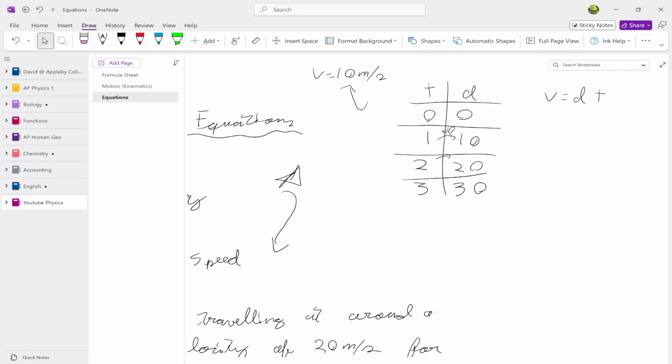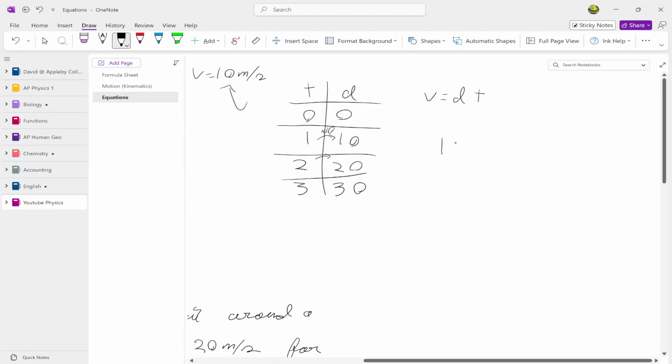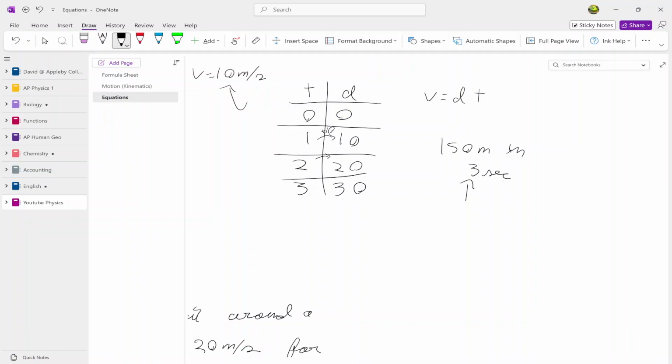So let's say you ran, I don't know, 150 meters in 3 seconds. You always want to find the singular type of variable. So always go for 1 second or something like that. And once you find that, you'll get 50 meters per second, and that's your velocity.